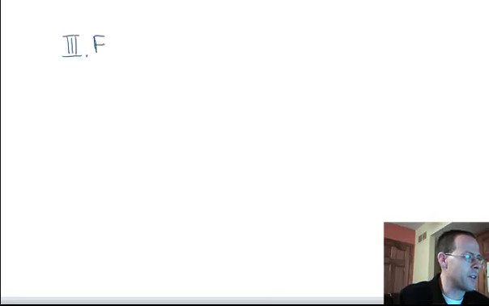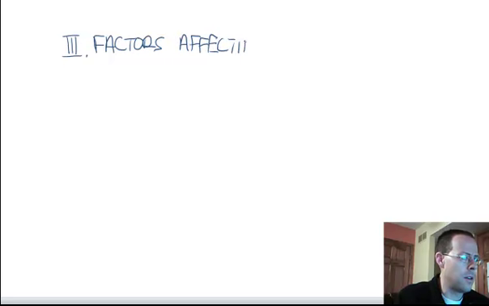And we're just going to call it factors affecting equilibrium concentrations. So I'm just going to put that in brackets.